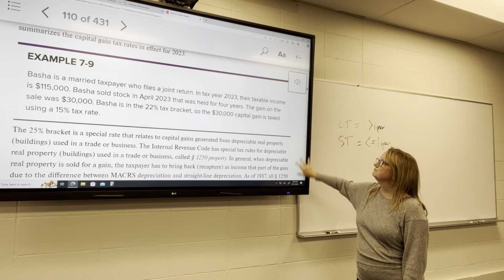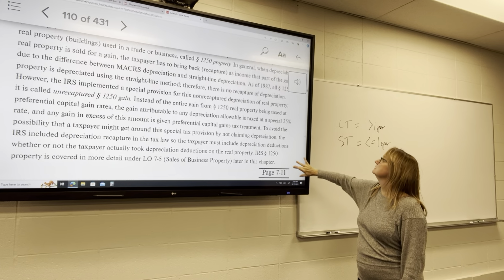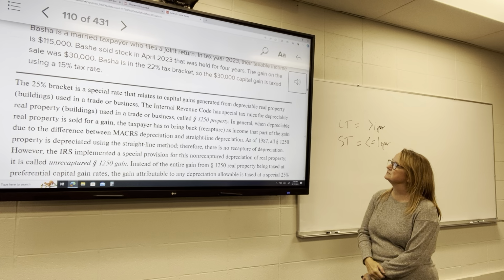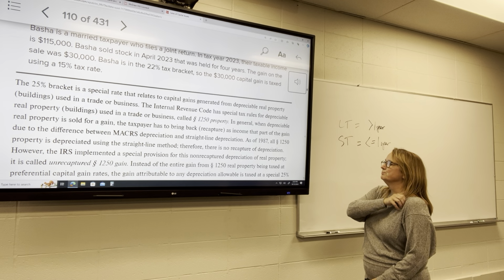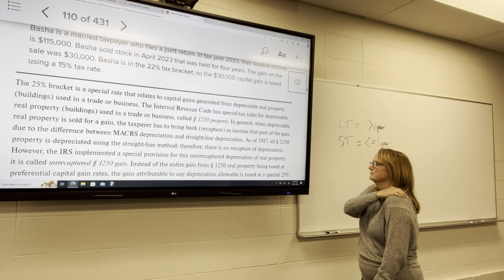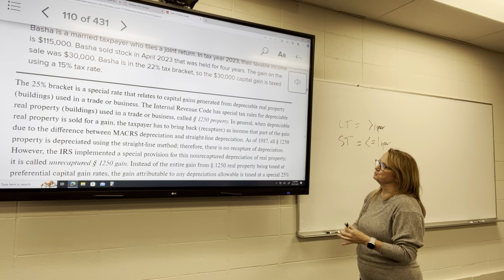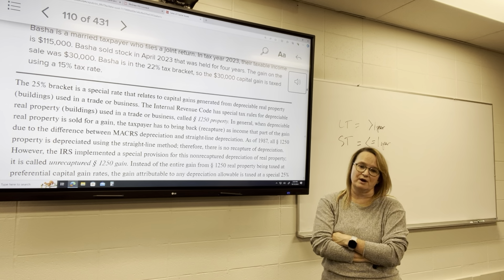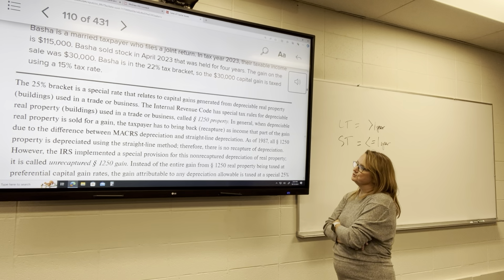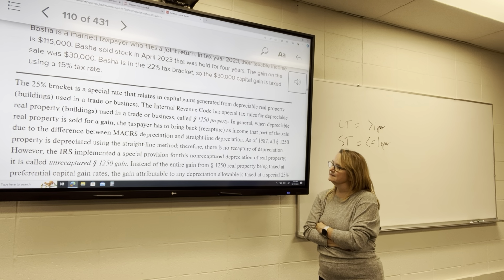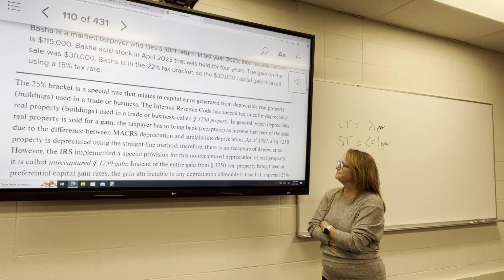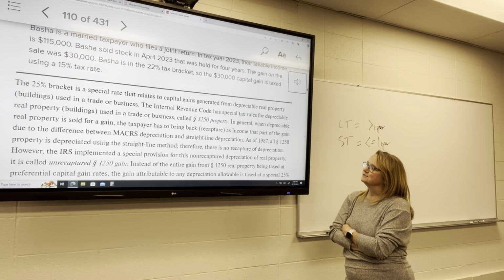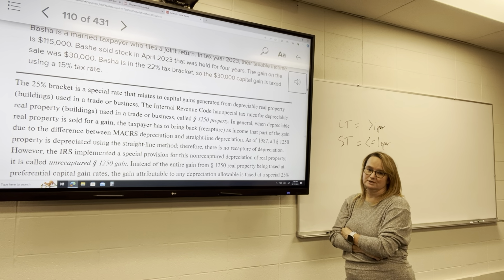All right, that 25% bracket, which we're going to talk more about in the next section here, applies to capital gains that are generated from depreciable real property used in a trade or business. So there are special rules for depreciable real property. This is only real property used in a trade or business. That's called 1250 property. So when depreciable real property is sold for a gain, the taxpayer has to recapture as income the part of the gain that was due to the difference between MACRS depreciation and straight line depreciation.